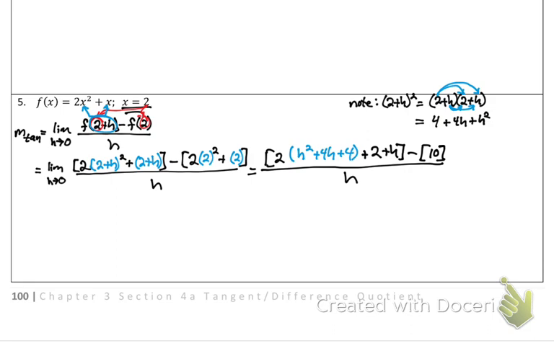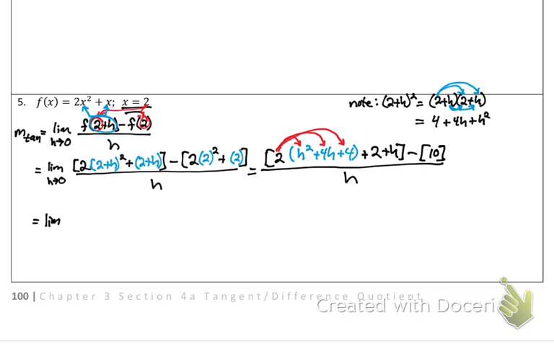Like I said, you got to write kind of small to make sure everything fits. Now what I need to do is distribute this 2 to everything. So let's keep going. So now we have the limit.